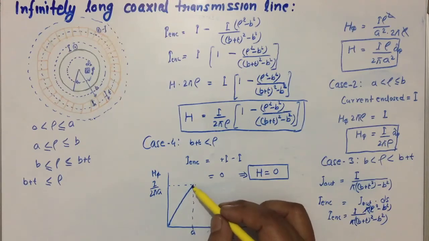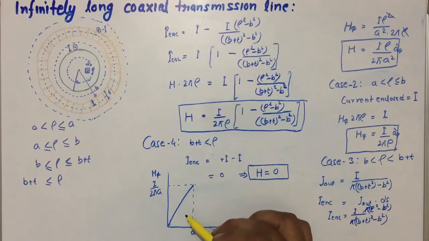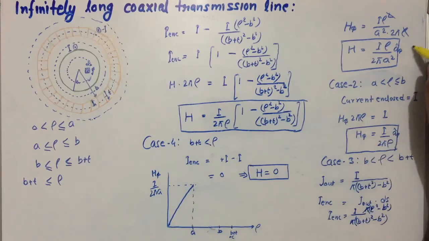And in between, it is directly proportional. A linear relationship is there, and due to the absence of a constant, it will pass through the center.